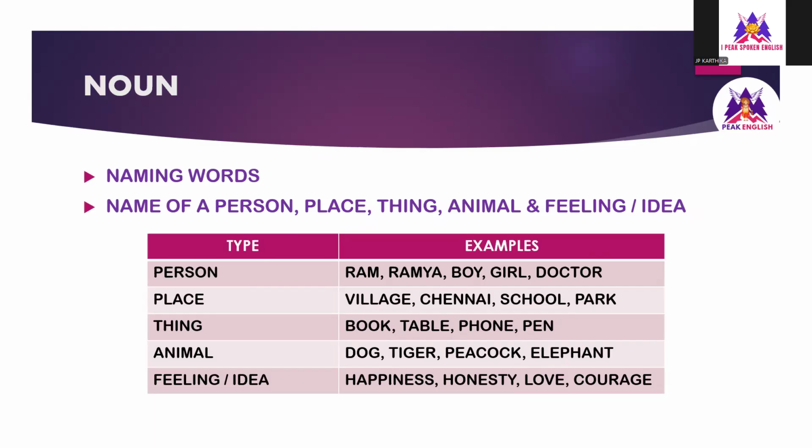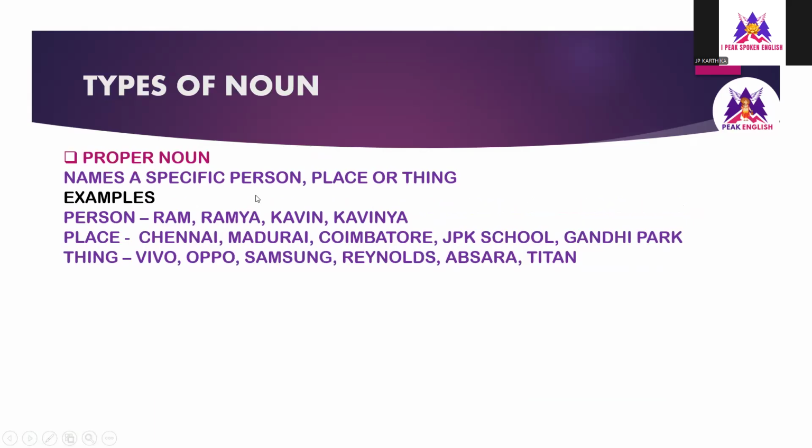Thing: book, table, pen, pencil, phone, bench. Everything has a name. Animal: dog, tiger, peacock, elephant, right? And feeling: happiness, honesty, love, courage. So every person, place, thing, animal, bird, feeling or idea has a name. So naming words are called nouns.